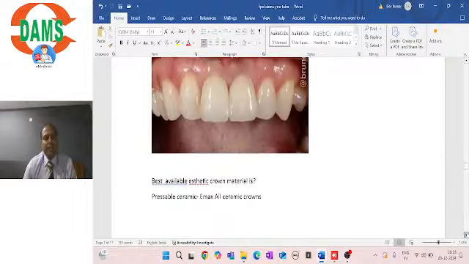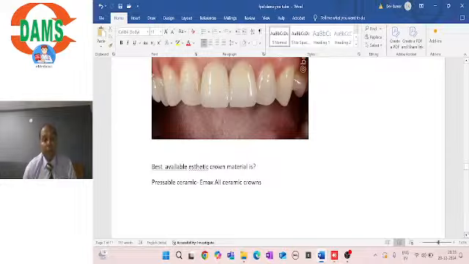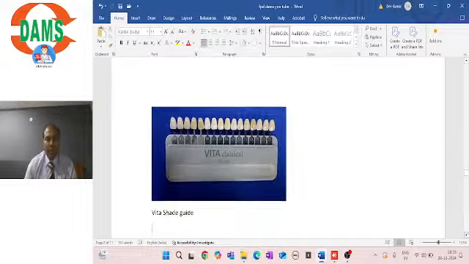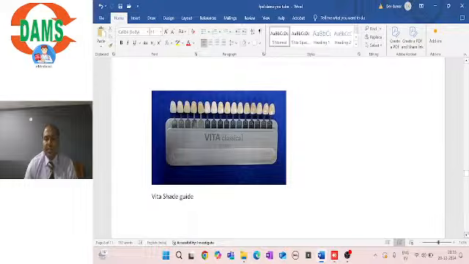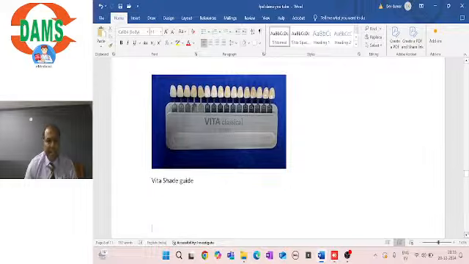And remember this, that these E-Max crowns are to be cemented with the help of your dual cure cement or visible light cure cements. Okay, now this is a type of shade guide, that is by the company Ivoclar. Leave it, companies leave it.